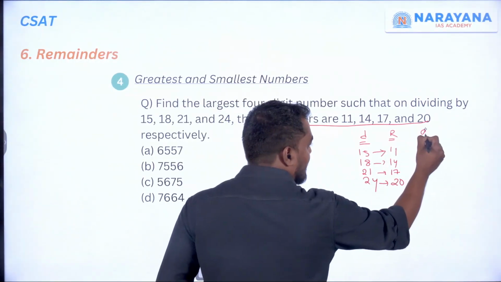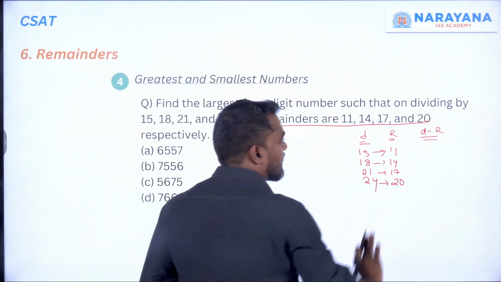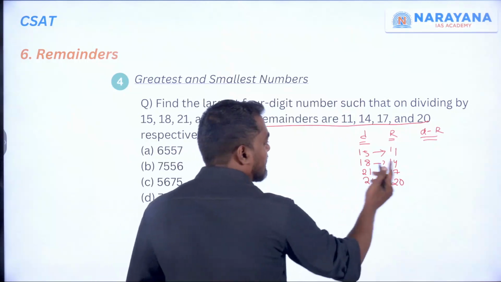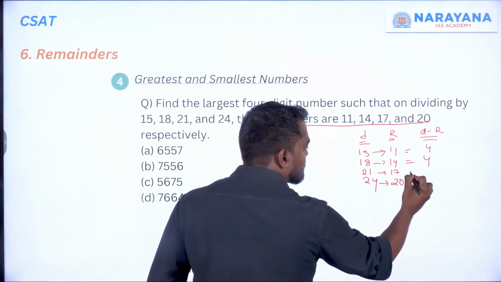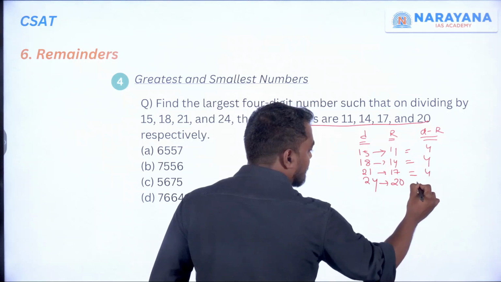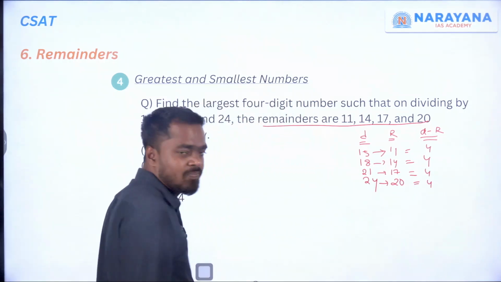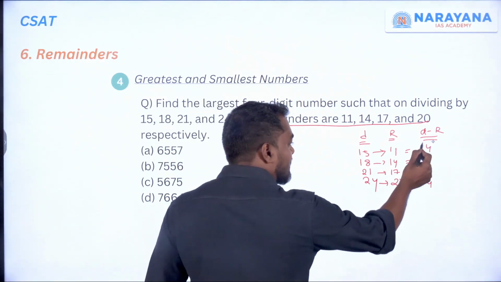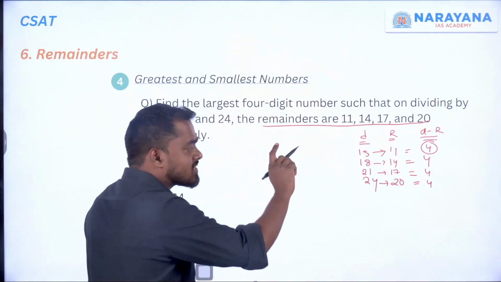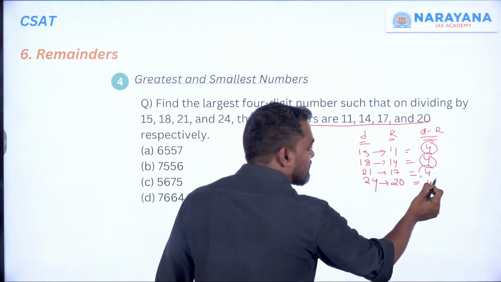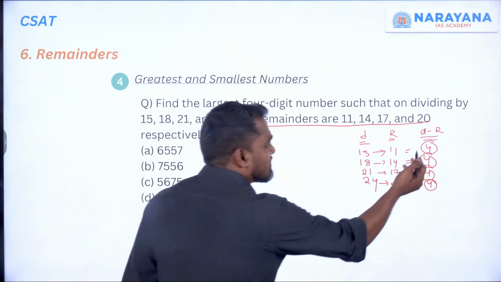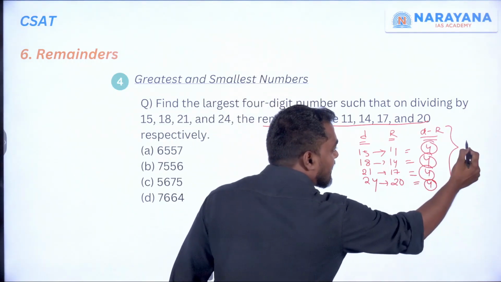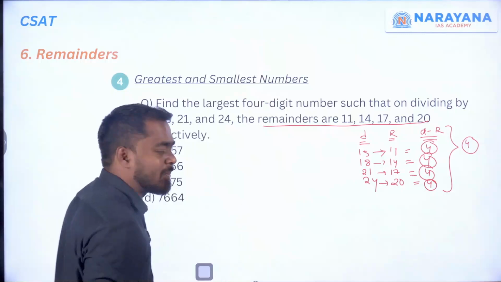Now consider d minus r. That means take the remainder from the divisor. 15 minus 11 is 4, 18 minus 14 is 4, 21 minus 17 is 4, and this is also 4. In every single problem in this model, you will get the same difference. Only then can these kinds of problems be considered. So in each case you are getting 4. Now keep that 4 separately.